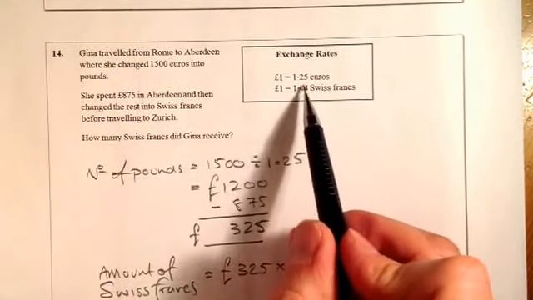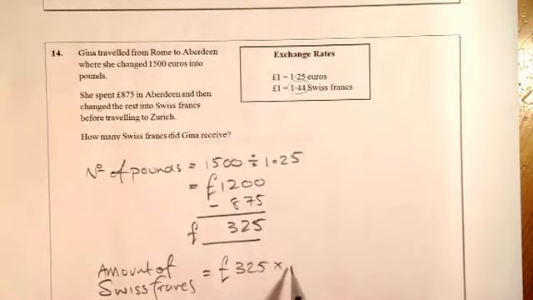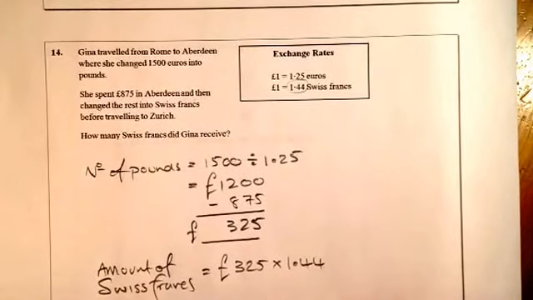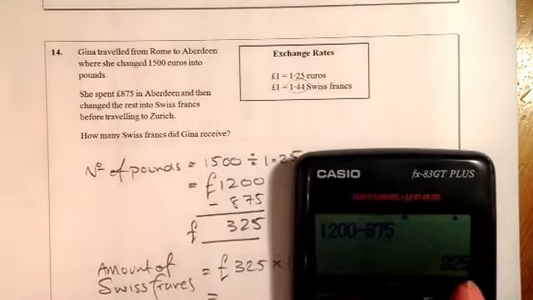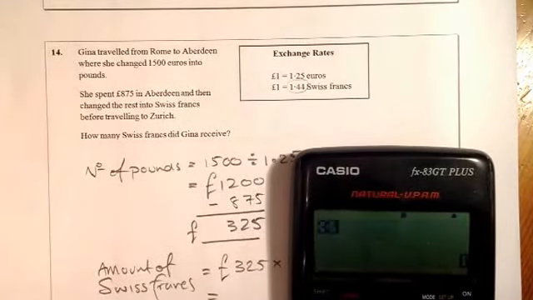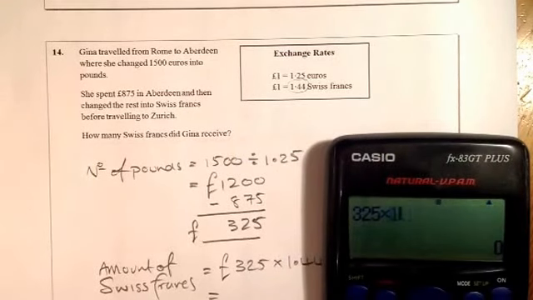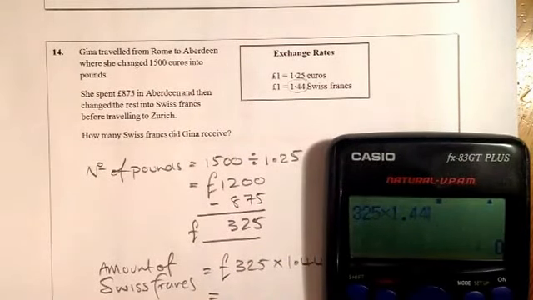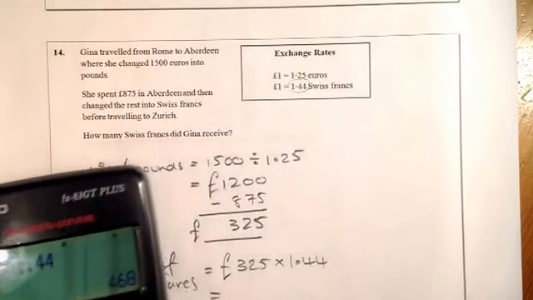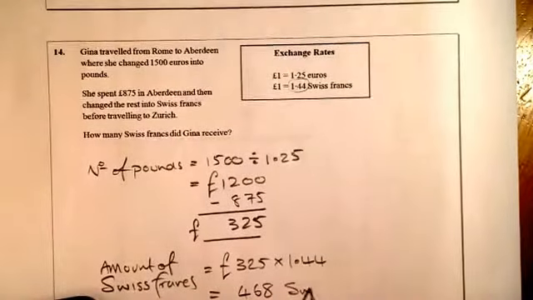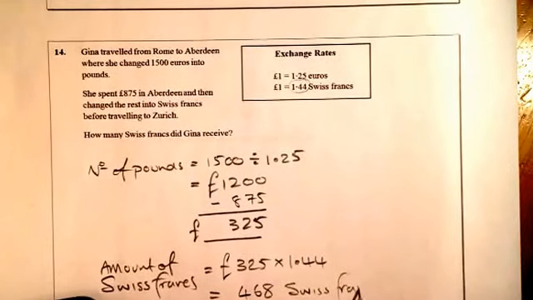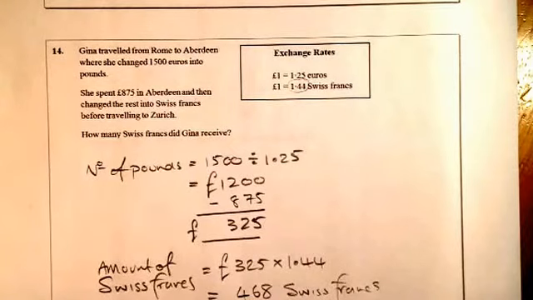Up in the table, it's the 1.44 I'm going to use. What that will do is tell me how much money she received. So 325 times 1.44 equals 468 Swiss francs. Okay. Let's go to question 15.